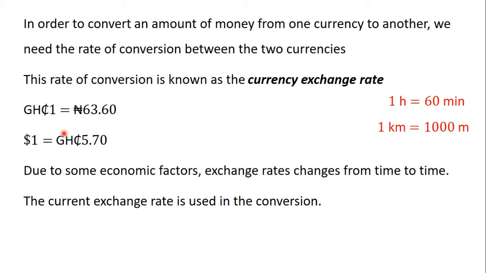So for example, if you are converting an amount of money from Ghana cedis to Nigerian naira, you can simply go online and search for the exchange rate between Ghana cedis and Nigerian naira, and you are going to have the current exchange rate. And that current exchange rate will be used for the conversion.